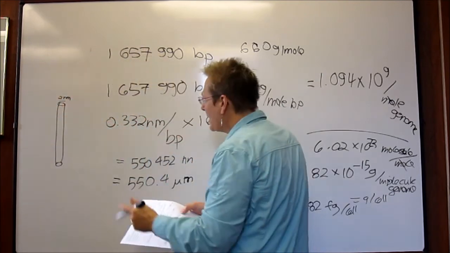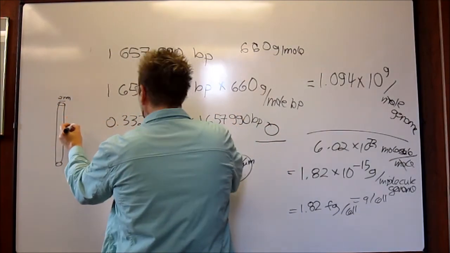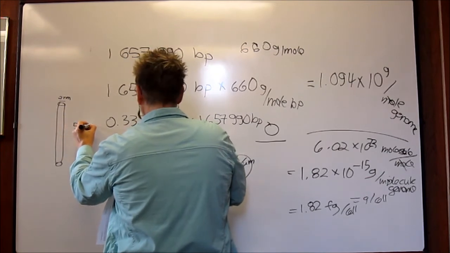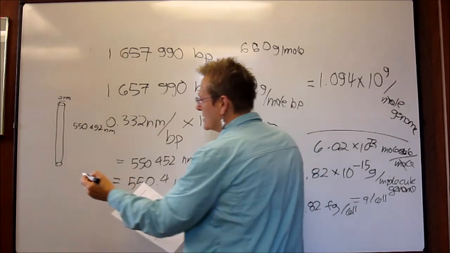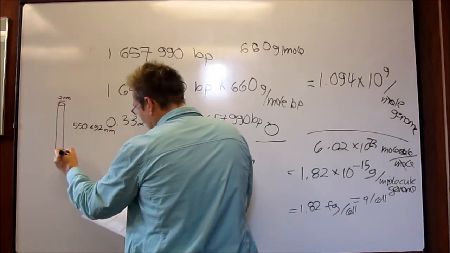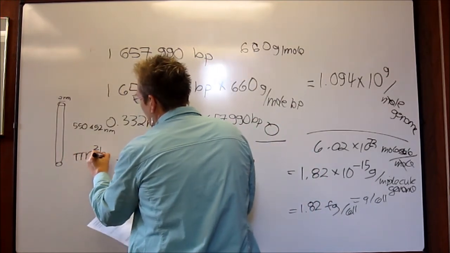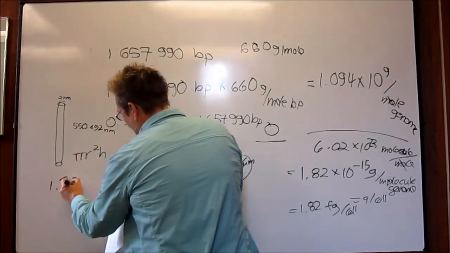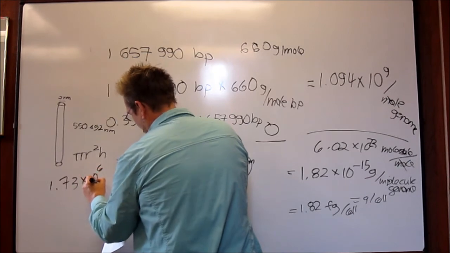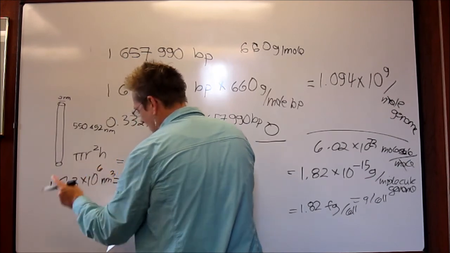And you know now that the length is 550,452 nanometers. You use the volume of a cylinder, which is pi r squared h, and you come out with a value of 1.73 times 10 to the 6th nanometers cubed.